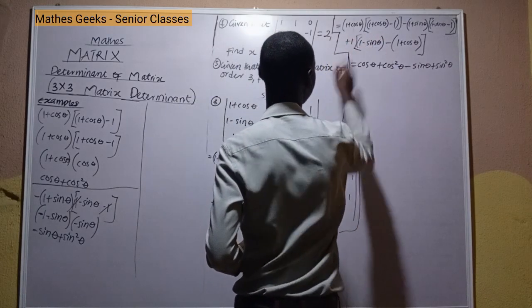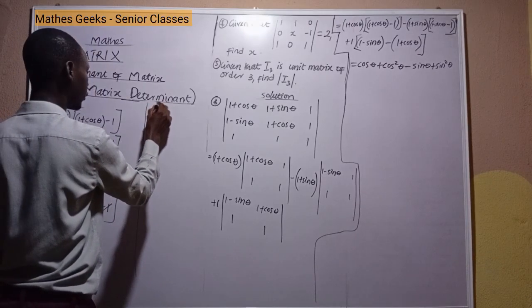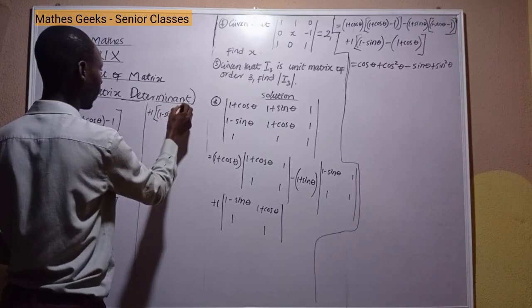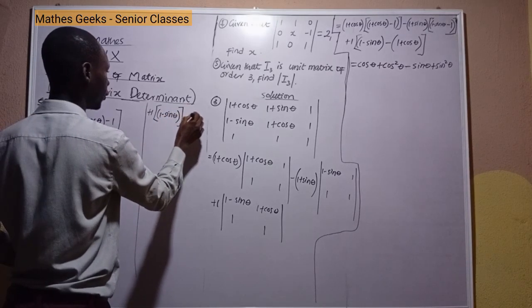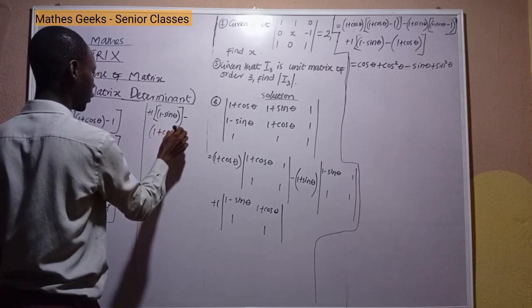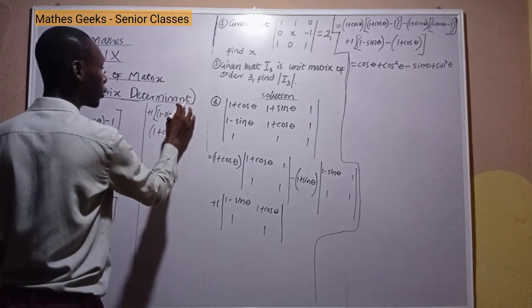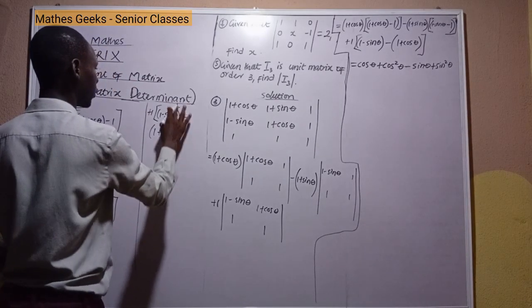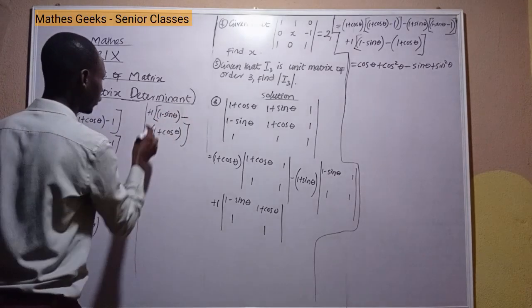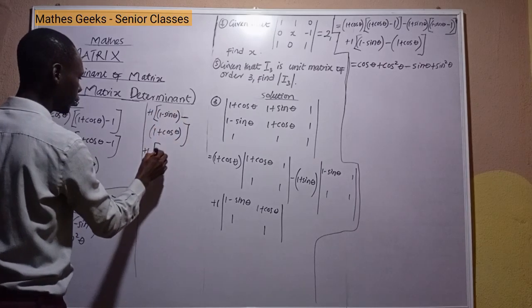So let's simplify this part. It gives us plus 1 minus sin theta, minus 1 plus cos theta. So first of all, okay, and this is perfect and closed. So let's simplify what's in the bracket: plus 1, 1 minus sin theta.